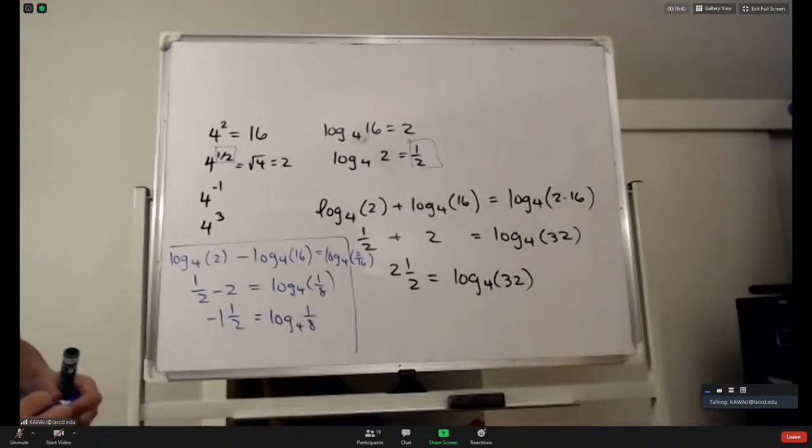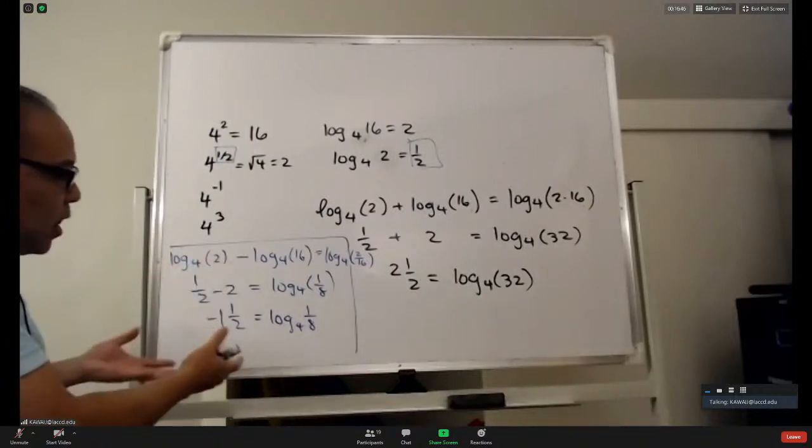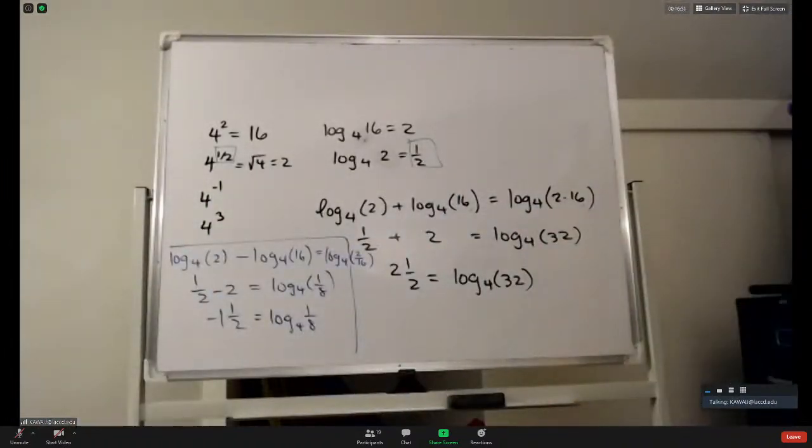So back in the day when you didn't have calculators, you wanted to look up some log, you had to go and find some chart where someone manually created all of this. And let me show you what these charts look like. Let me pop one up. Let's see.